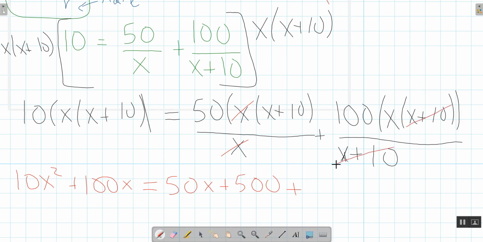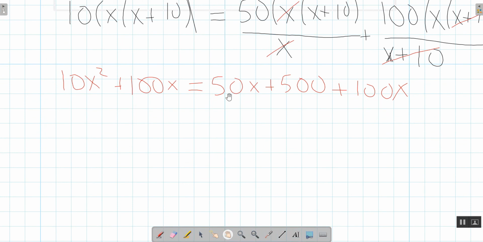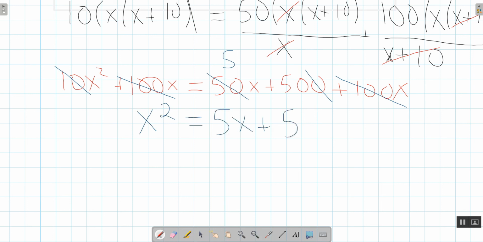So we can cancel those, leaving us just with 100x. Now let's see if there's stuff that we can cancel. Remember the classic: if you see the same thing added or subtracted on both sides, you can just cancel them. Note that I can divide everything by 10, so that 10 goes away. This becomes a 5, that becomes 50. So after simplifying, we got x squared equals 5x plus 50.